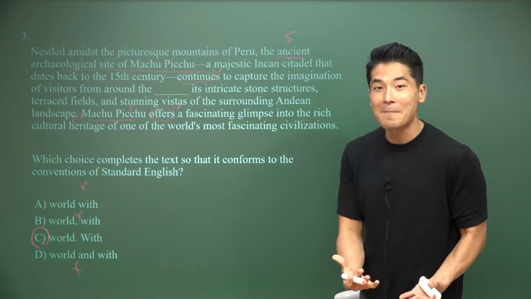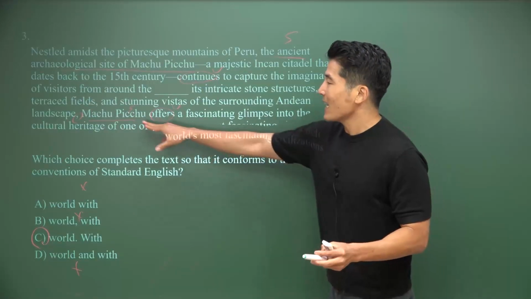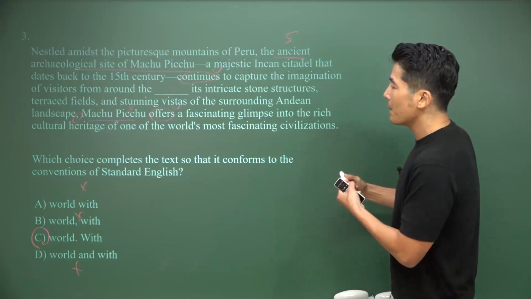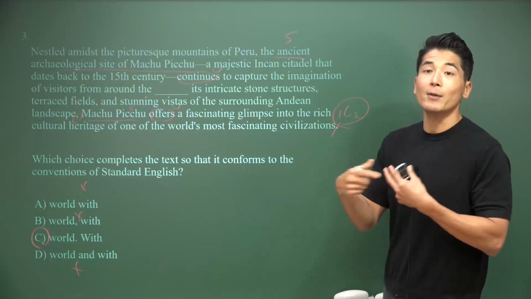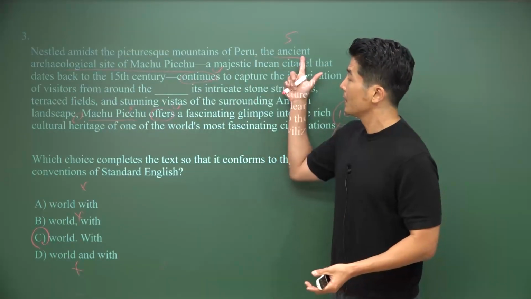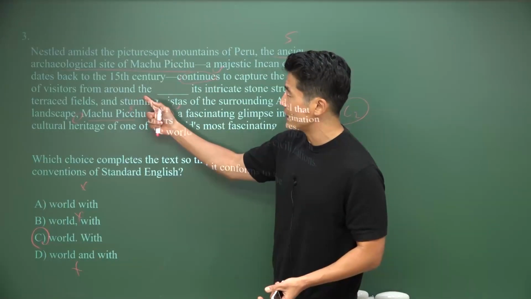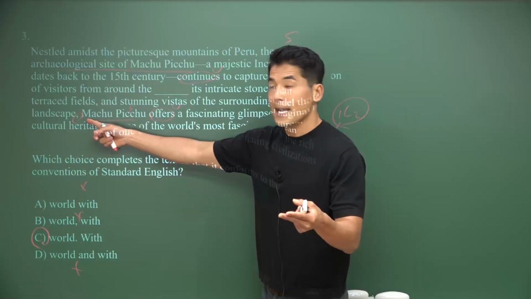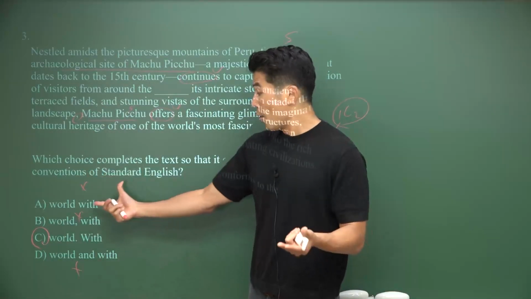Now, why is that? Because when I say Machu Picchu offers this, I know that's going to be an independent clause. But I know that this is going to be the second of two independent clauses in this sentence. Well, the first one was here: this guy continues to capture the imagination of visitors from around the world. Now, the only thing that separates this sentence from this sentence is just commas, or no punctuation.